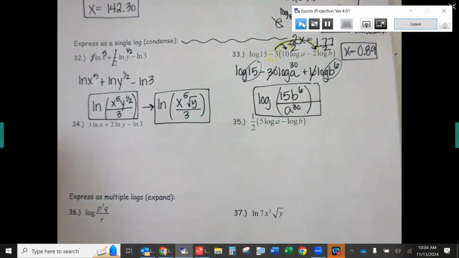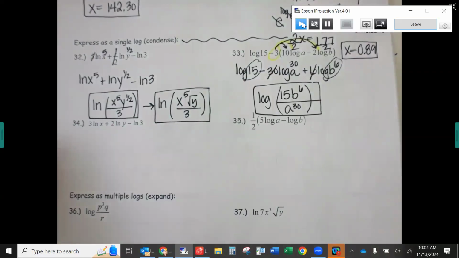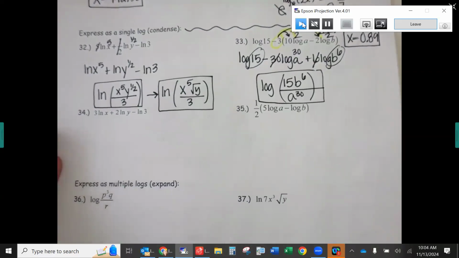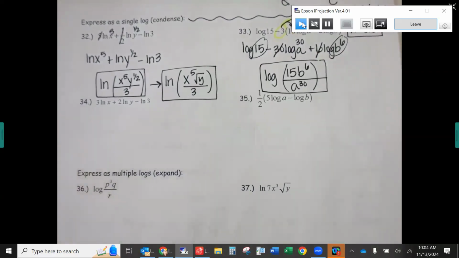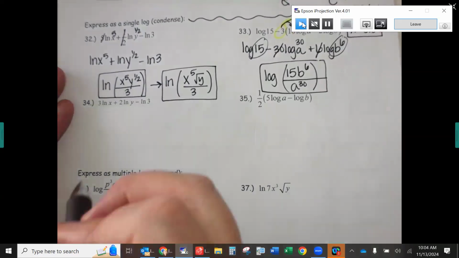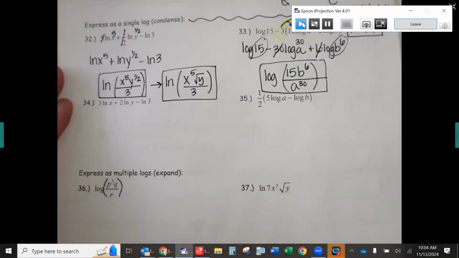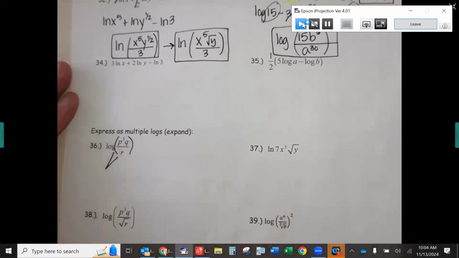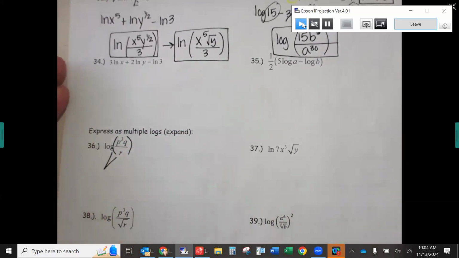Now let's talk about how to expand. Okay, so go down to number, let's do 36. Okay, taking a look at 36, I have a P, a Q, and an R, and they're all sharing the same log. So the first thing that I'm going to do is figure out what the operation is between each of those letters.